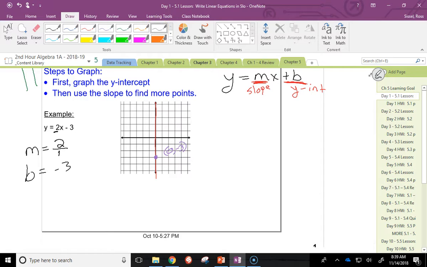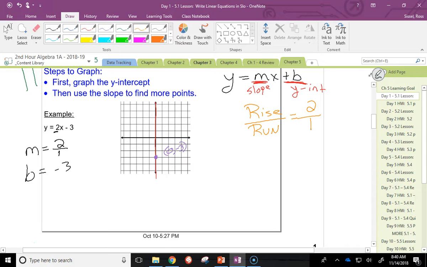Remember, slope is rise all over our run. So when our slope was 2, and our run is 1, I can choose any point on the line and do slope, and I'll get to the next point, guaranteed. So I'm going to go from my y-intercept.